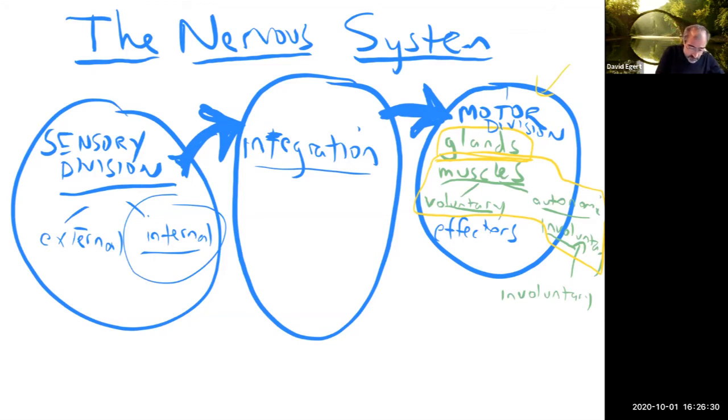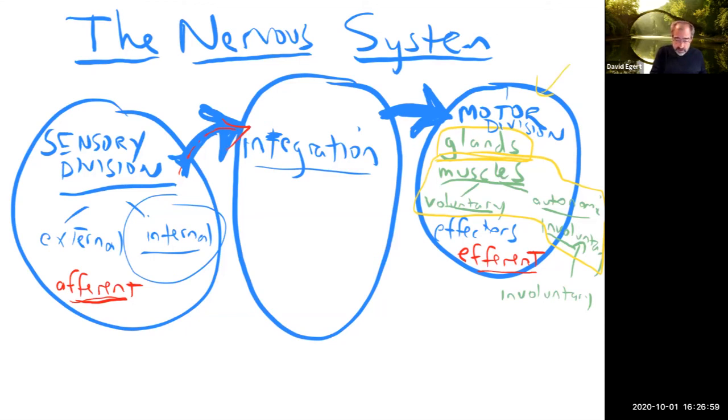Sensory division is also known as the afferent division. Motor is also known as efferent. You should know these words. The little mnemonic people usually use to remember them is that the afferent messages are arriving here.